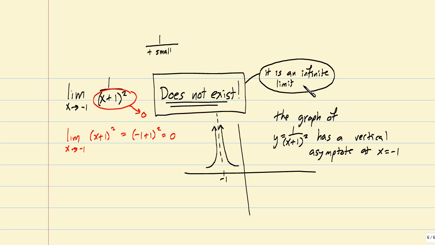Now, in the future, what we may do, actually we will do this, is in certain cases where it's clear that on both sides of the c value our x is approaching, if both sides agree in their nature, in other words, if they're both flying off to positive infinity, if they're both flying off in an upwards direction, we might write something like this.